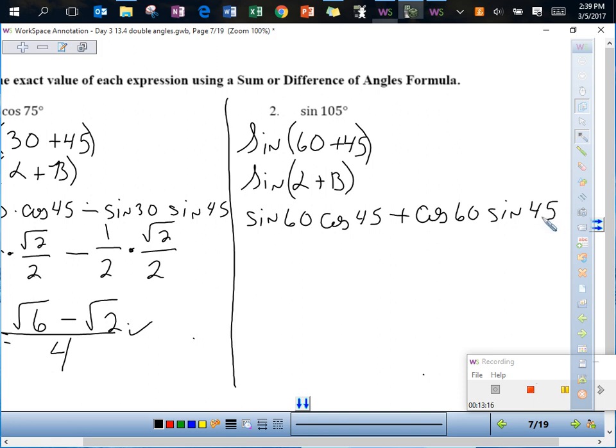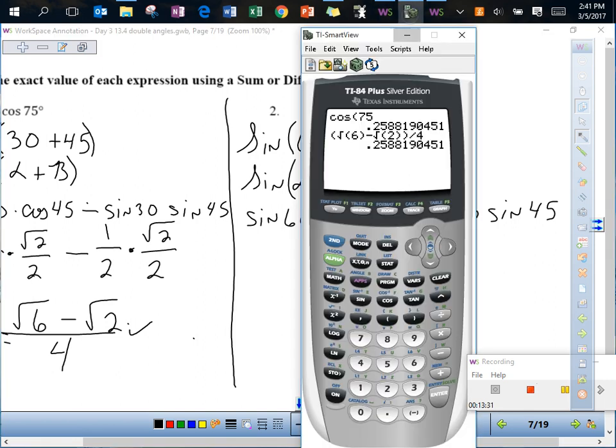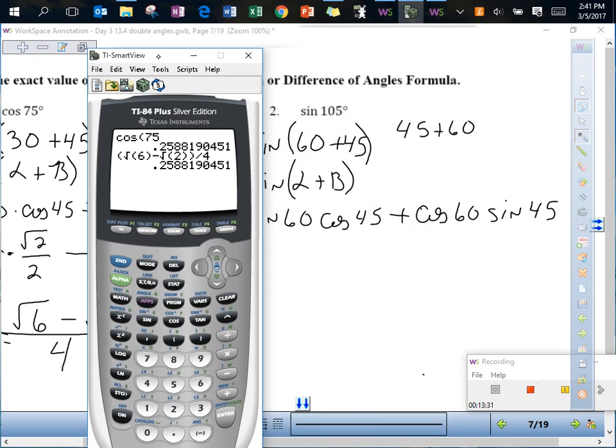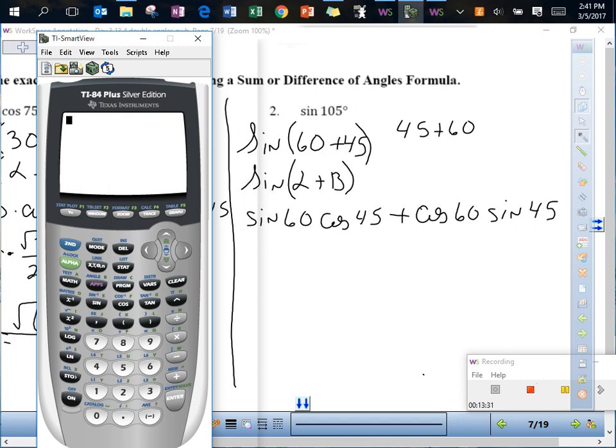Now guys, some things that don't matter. It does not matter if you went 45 plus 60. All that's going to do is flip-flop these numbers around. So that's not going to really matter. And then guys, I'll launch my calculator on this one real fast, but after that I probably won't, just because we can talk through them. So guys, here goes. I'm going to clear that out.